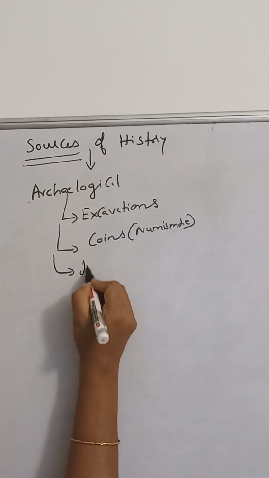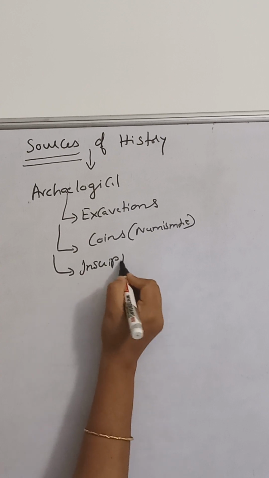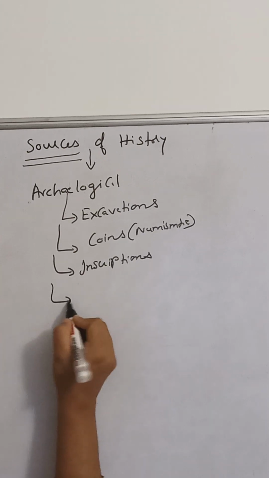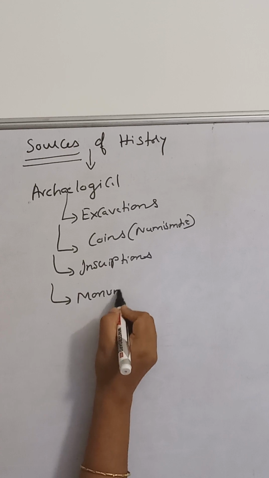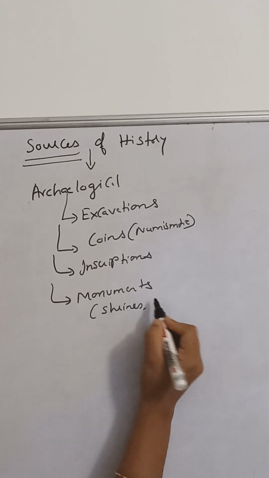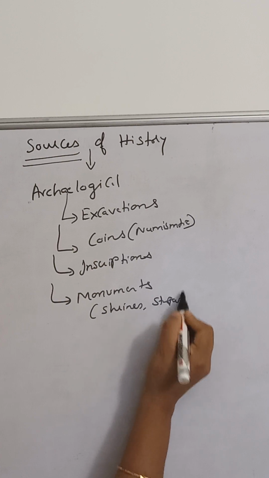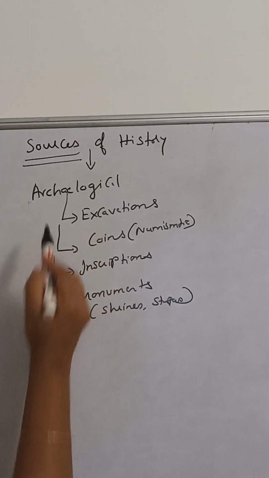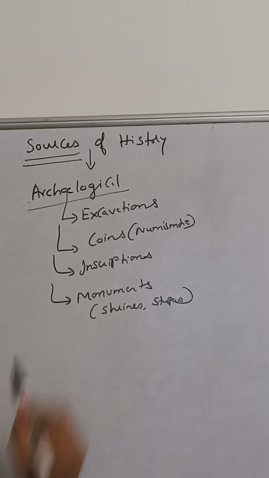Then you have inscriptions. Then you have monuments, which are like shrines, stupas, buildings, all that. So these are the four different types of archaeology. Today we'll be looking only into excavations.